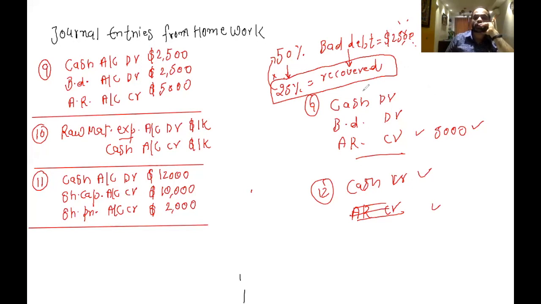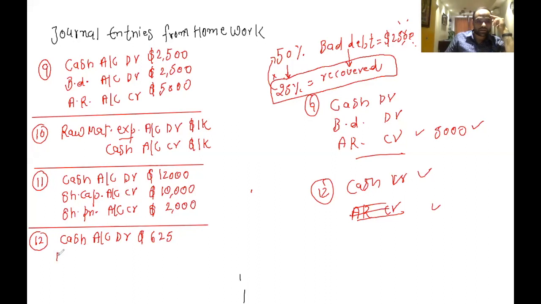So cash account debit and bad debts recovered account credit. So cash account debit, which is 625. 625 is 25% of 2,500.